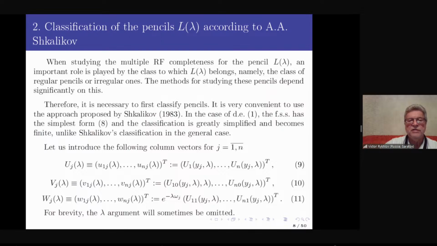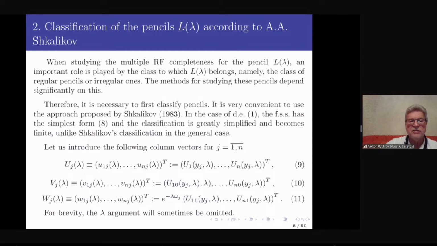It is very convenient to use the approach proposed by Shkalikov in 1983. In the case of differential expression 1, the fundamental system of solutions has the simplest form 8, clear exponents. And the classification is greatly simplified and becomes finite, unlike Shkalikov's classification in the general case.